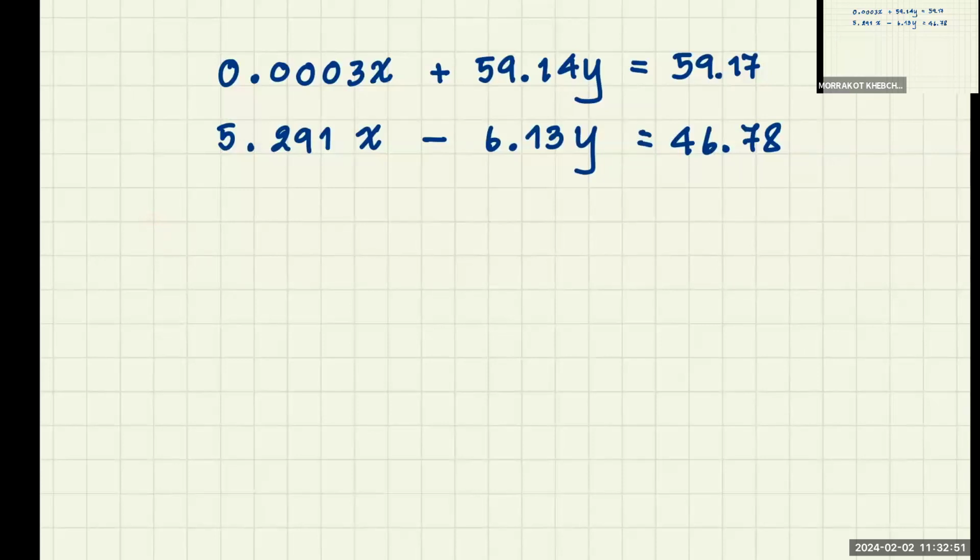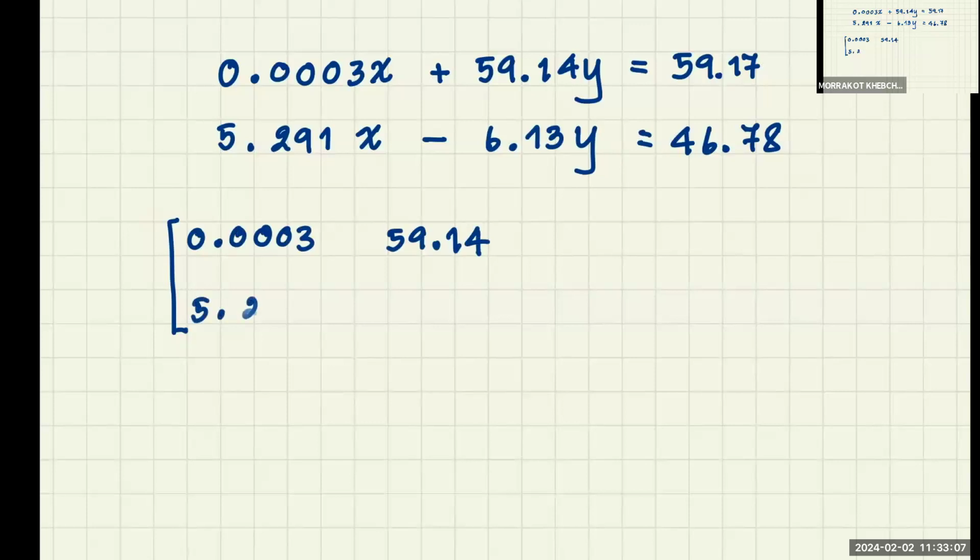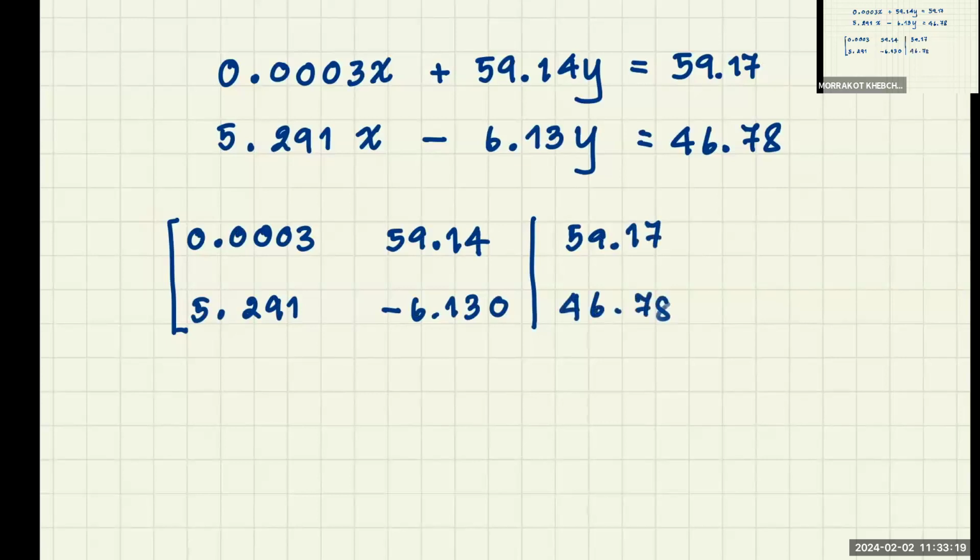You please feel free to use your calculator and tell me only 4-digit number, okay? 4-digit number, every single step, okay? We will use only 4-digit. 5.291 minus 6.13. I can add 0. On the right hand side, we get 59.17, 46.78.